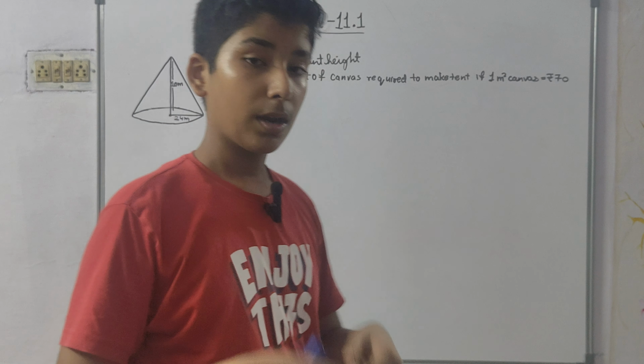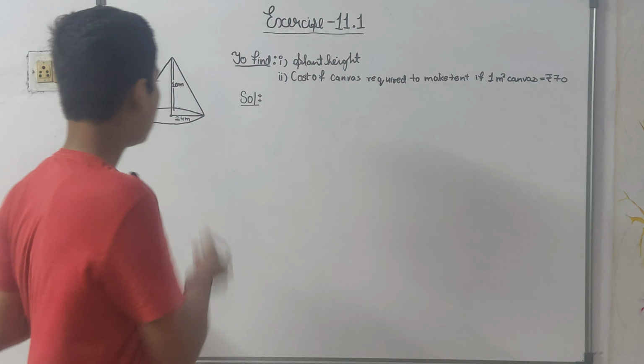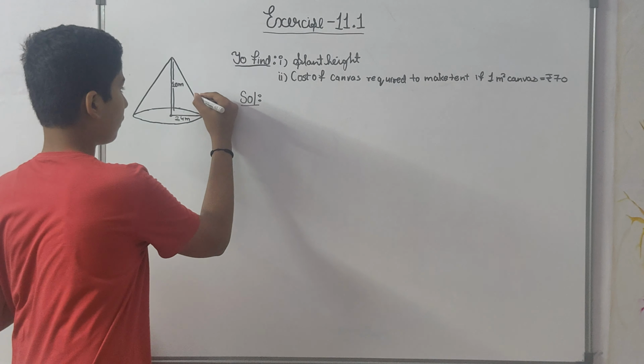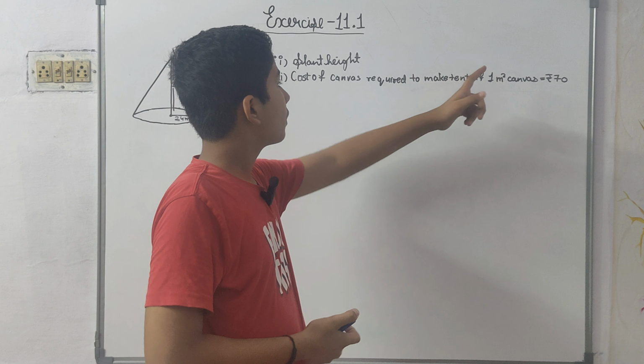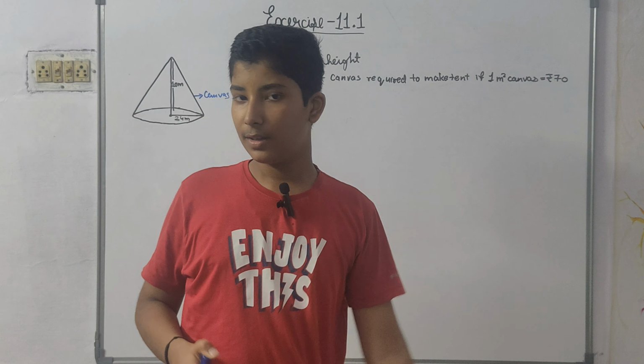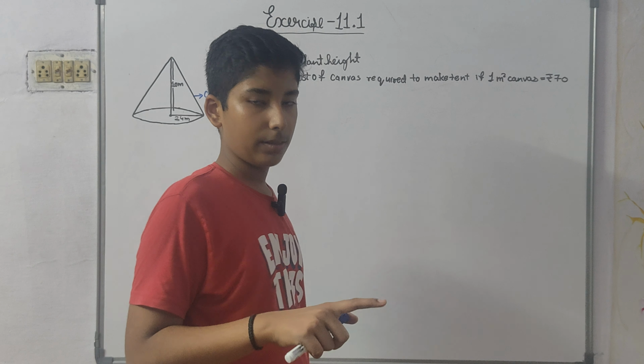The tent has to be made of canvas, that is, a hard sheet type cloth. If 1 meter square of canvas costs 70 rupees, we have to find the money required to make the tent. First, we'll find the slant height.